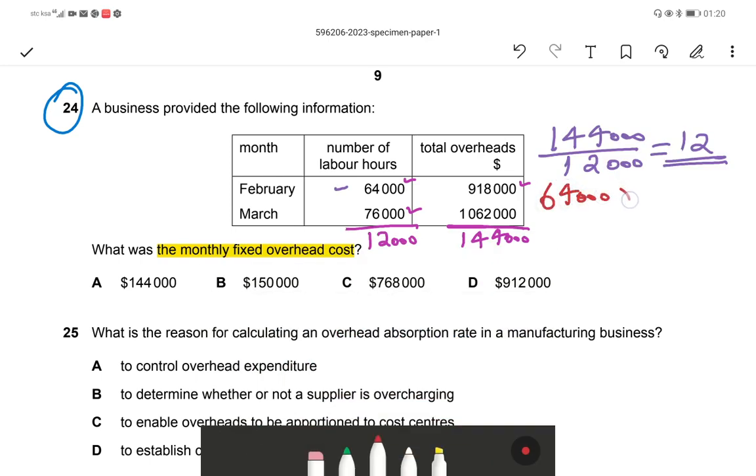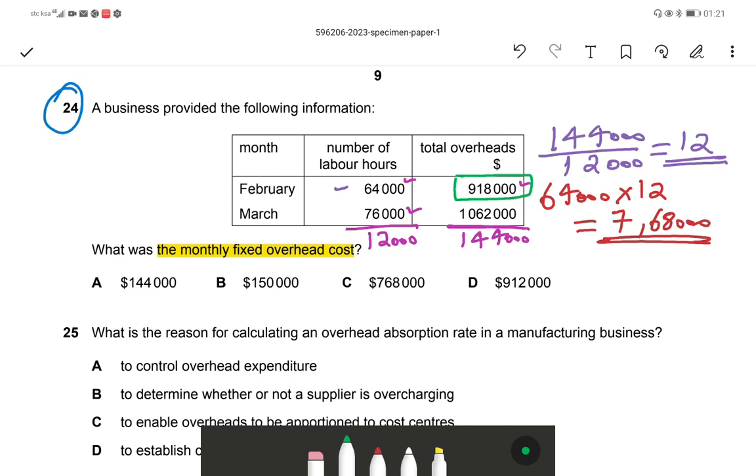64,000 multiplied by 12, that is the variable overhead, and total overhead means variable cost plus fixed overhead. So 64,000 multiplied by 12 is 768,000 only. But here it is 918,000. It means the extra amount is the fixed overhead. So what is the fixed overhead?